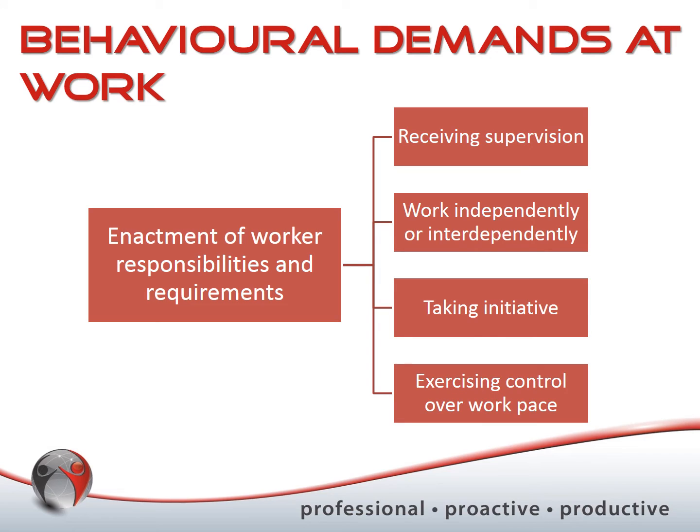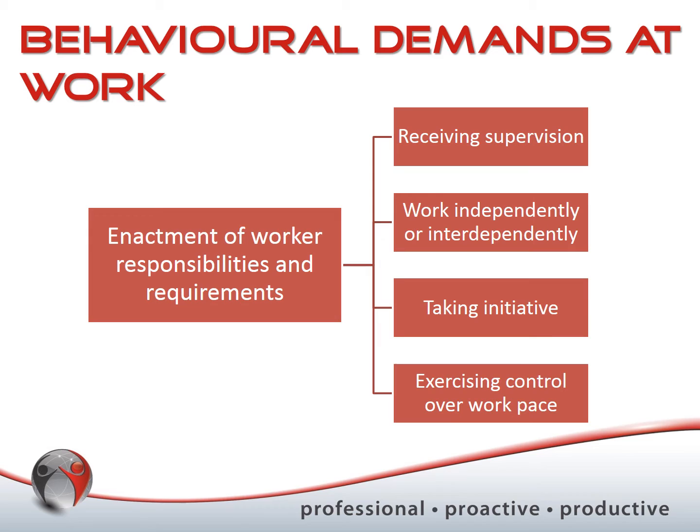the enactment of responsibilities and requirements. We have expectations of our employees, and maybe from the very base element of a job, I need them to be able to complete those very basic elements. I need to be able to trust them really to do the basic worker responsibilities. They need to be able to receive supervision.